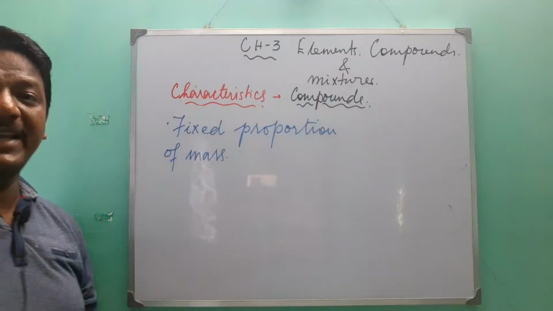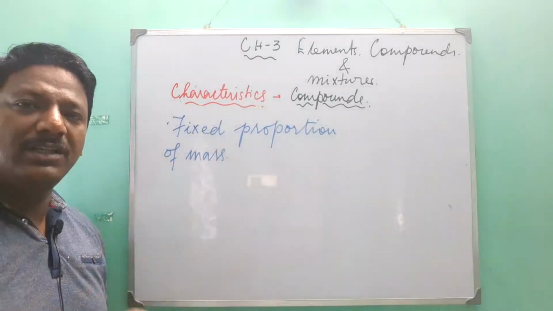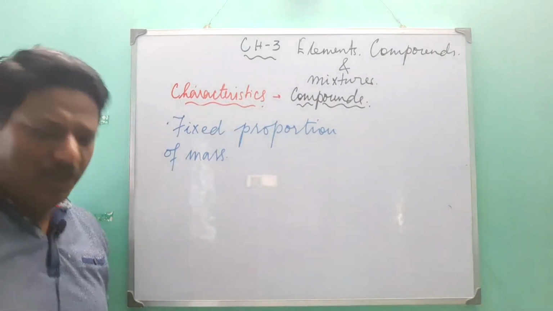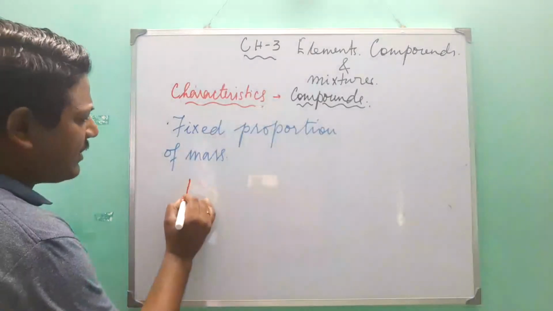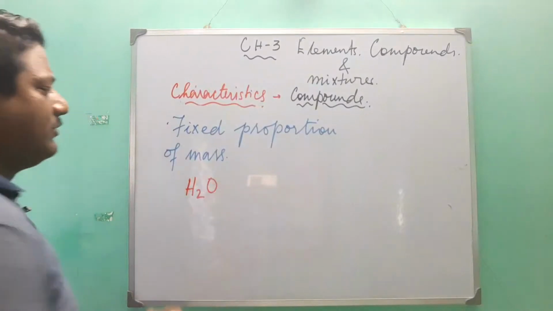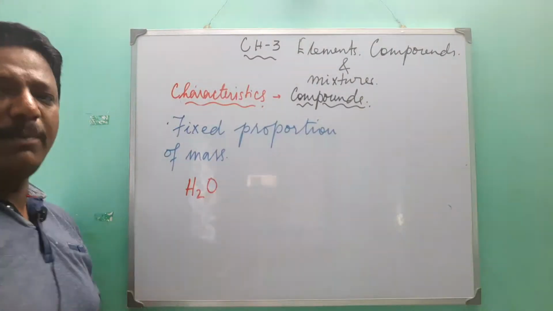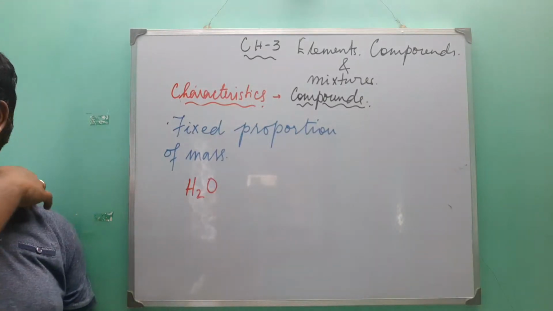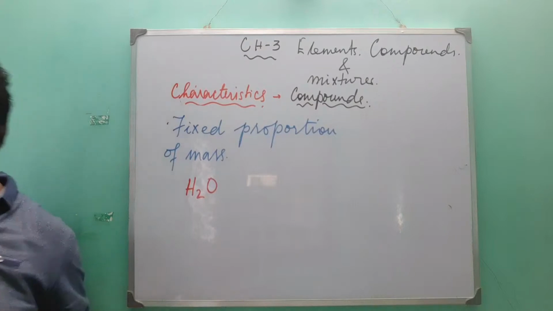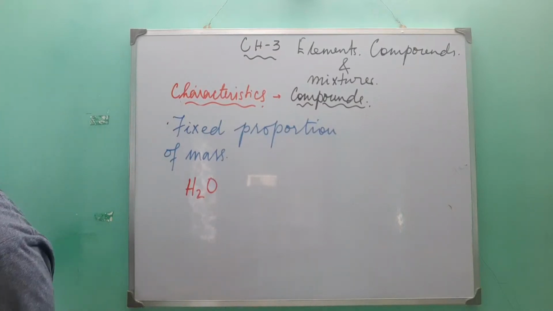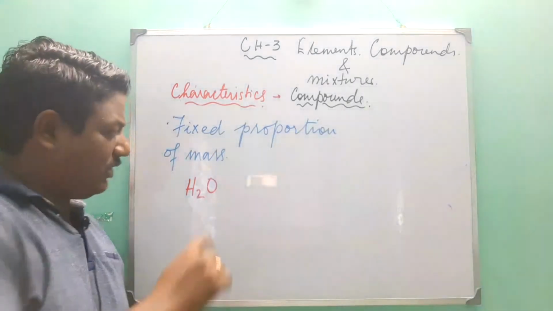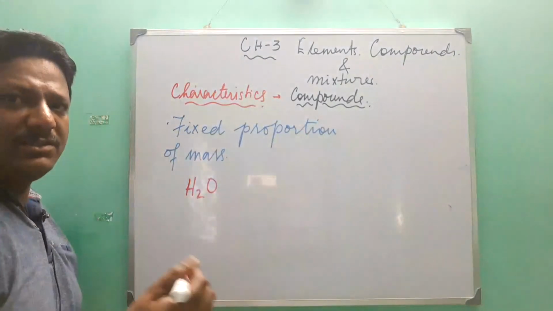The combining elements in a compound have a fixed proportion of mass. Again I will give you the example of water. By mass, or by weight, in water, what do we see?